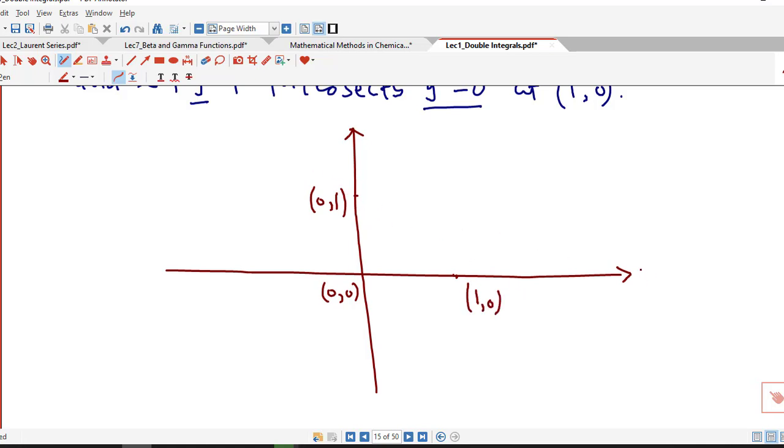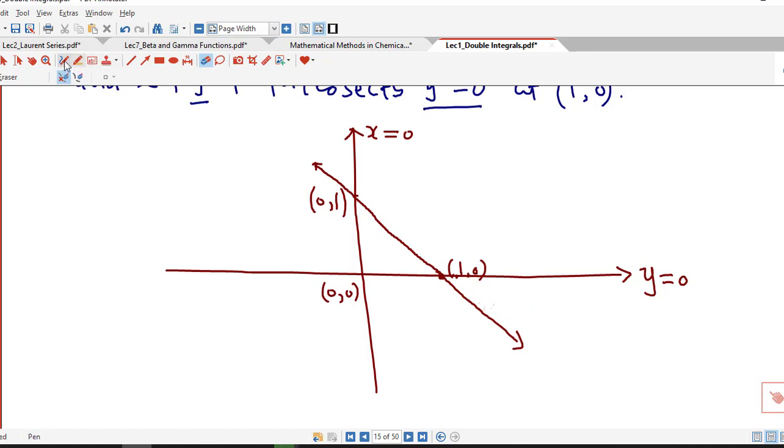So we have this is x axis, y equal to 0, this line is y axis, that is x equal to 0, and we require line x plus y equal to 1 which is passing through 0 1 and 1 0. This is just a rough sketch, so no need to be precise.